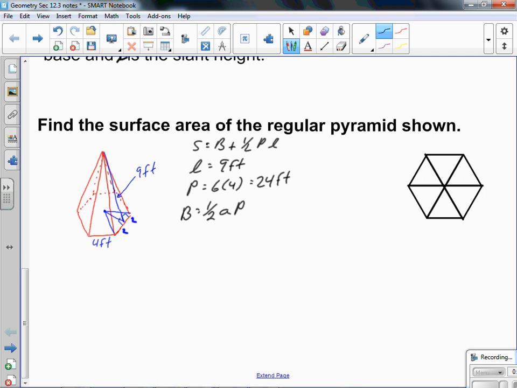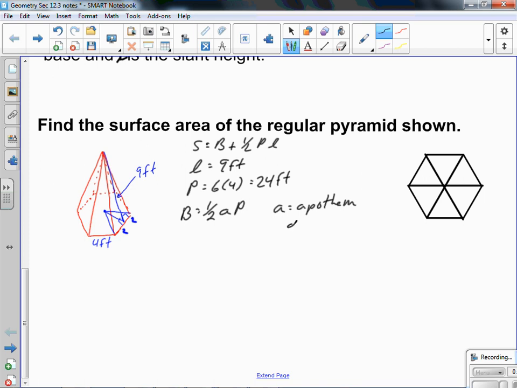Everybody knows that p is the perimeter, but the a is something called the apothem, which is like the equivalent of a radius in a circle. So, the polygon's equivalent of a radius.